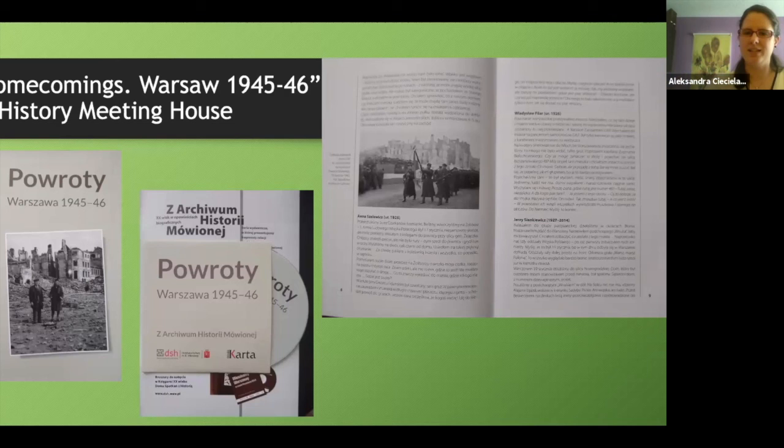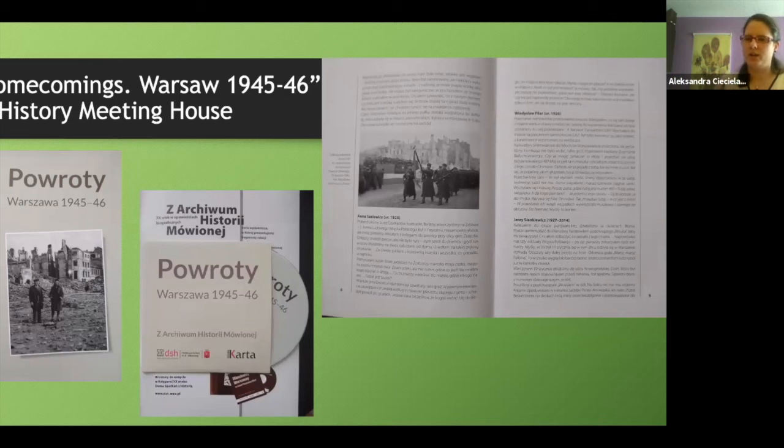As you can see, the bolded parts are the name of a person, and then a quote. Again, the name of another person, a quote. It's complemented with pictures that relate to the story.